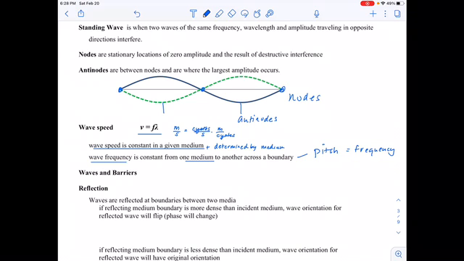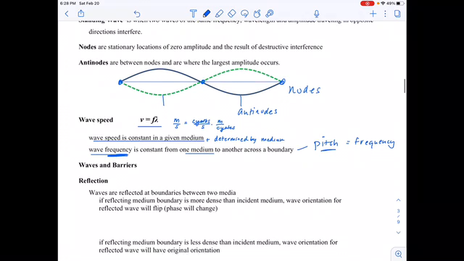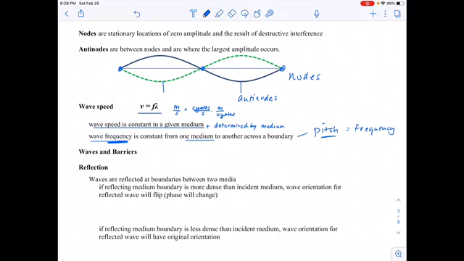I can change the pitch depending on what I do with my vocal cords, but the pitch doesn't change when the sound travels through walls or drywall or whatever, wood. The pitch stays the same because the pitch depends, again, on the wave frequency, which is determined by the sound source.